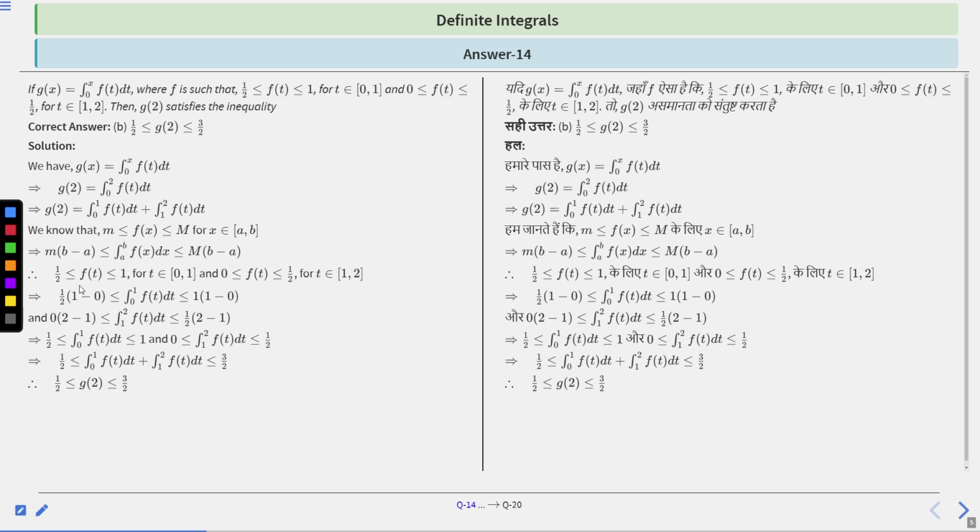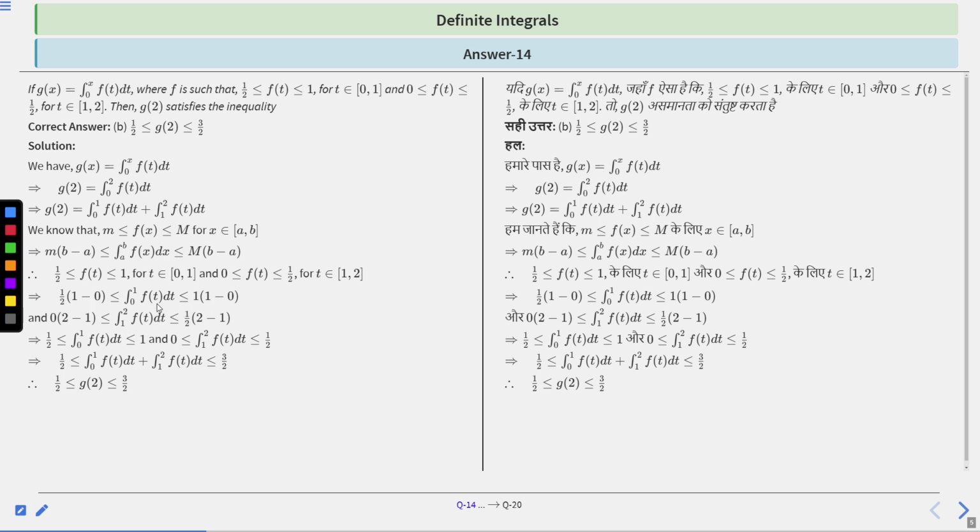Therefore, if ft is between 1 by 2 to 1 for t belongs to 0 to 1, and ft is between 0 to 1 by 2 for t belongs to 1 to 2, therefore integration of ft from 0 to 1 will belong to 1 by 2 into 1 minus 0 and 1 into 1 minus 0, right?